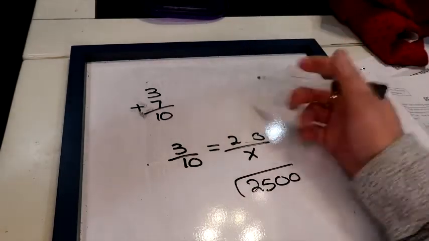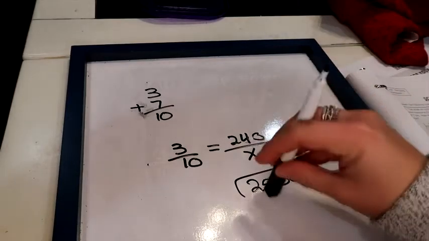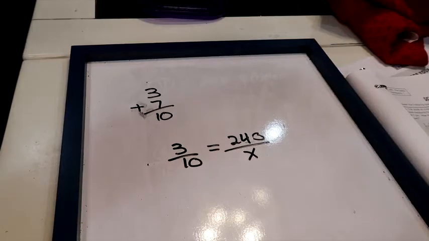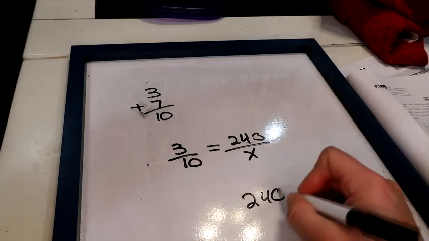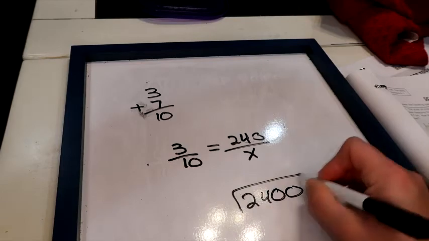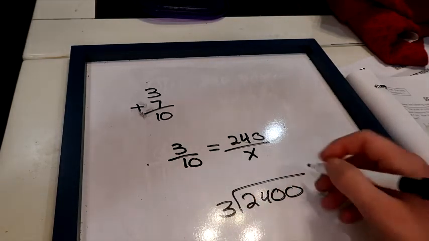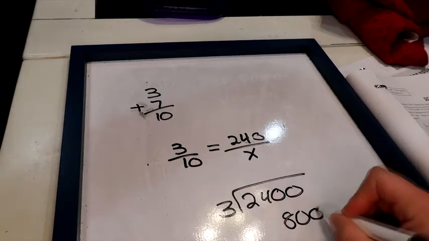It's 240. My bad. I'm trying to erase because my camera is about to die. So you have 240 times 10 gives me 2,400. Divide that number by 3 will give me 800 books.